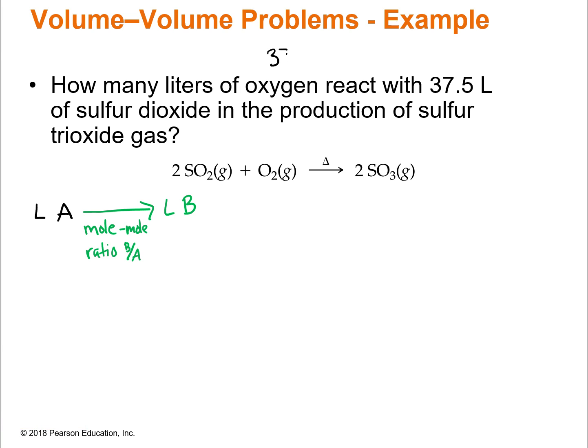We're starting with 37.5 liters of sulfur dioxide gas. And we're trying to get to how many liters of oxygen gas we need to react with it. There's the sulfur dioxide. There's the oxygen gas.